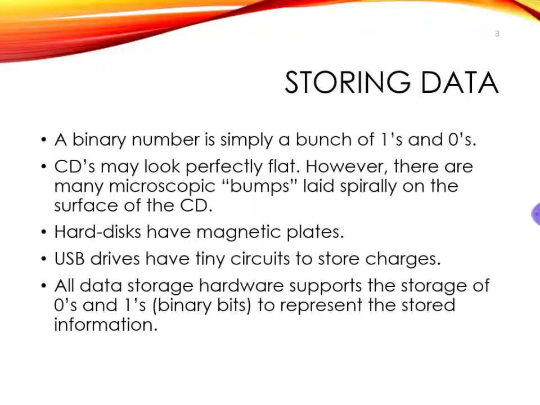USB drives have tiny circuits which store charges. So a charged value means 1 and a not charged value means 0. So no matter what kind of storage that you use, everything needs to support the storage of zeros and ones to represent the stored information.